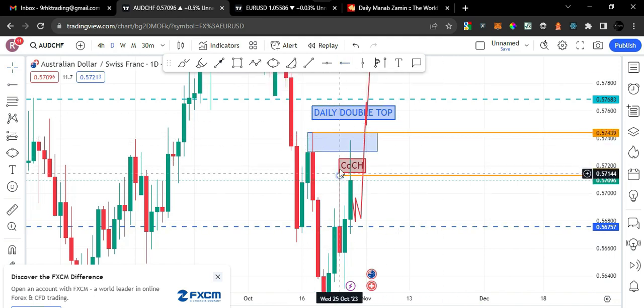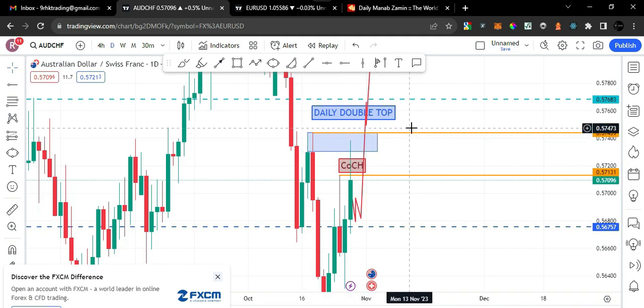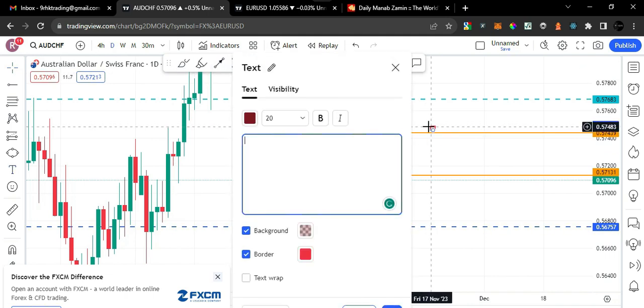And if the price breaks this point, it will be change of structure. So if we put it like this, we can tell it here, possible break of structure, or possible BOS, we call it BOS.